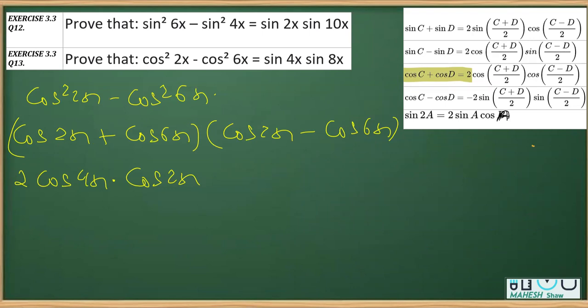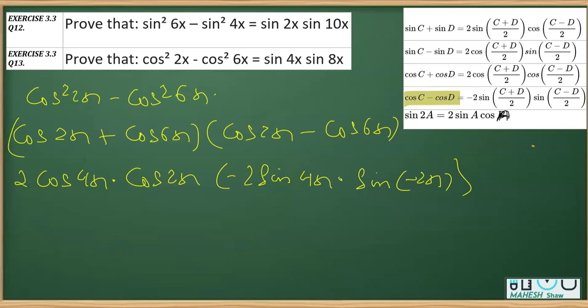Now we are going to apply the same thing over here in the next part. I can see that we are going to apply cos c minus cos d. There is a minus sign here, so it is minus 2 sin of c plus d by 2, that is 8x by 2, which is 4x, into sin of c minus d by 2, that is minus 4x by 2, which is minus 2x.